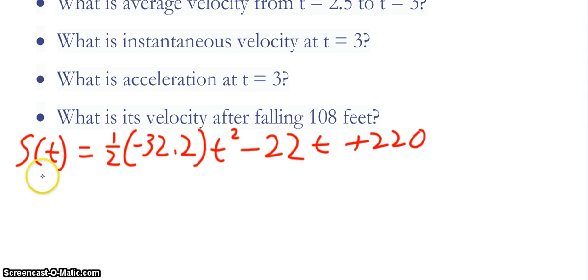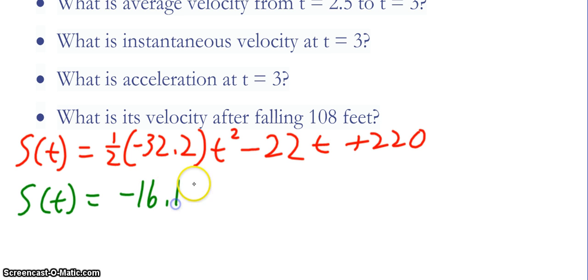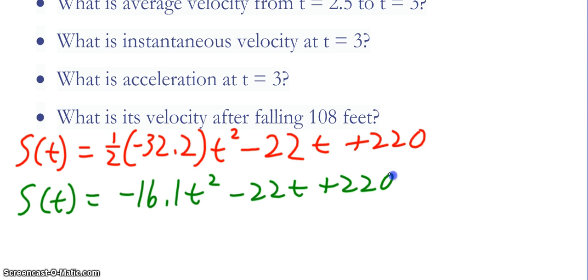I can simplify slightly, so S of t equals. Okay, so that's my position equation.